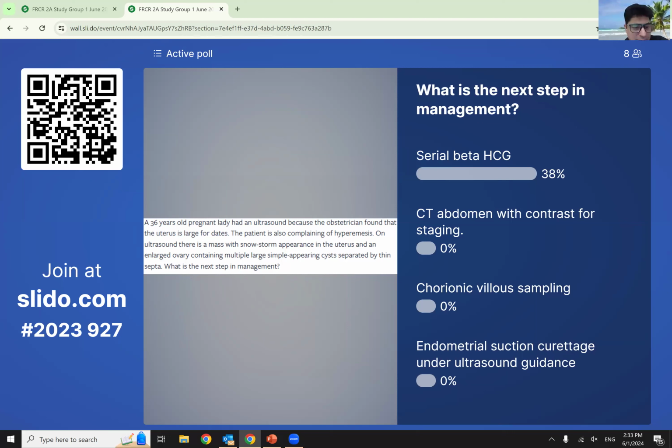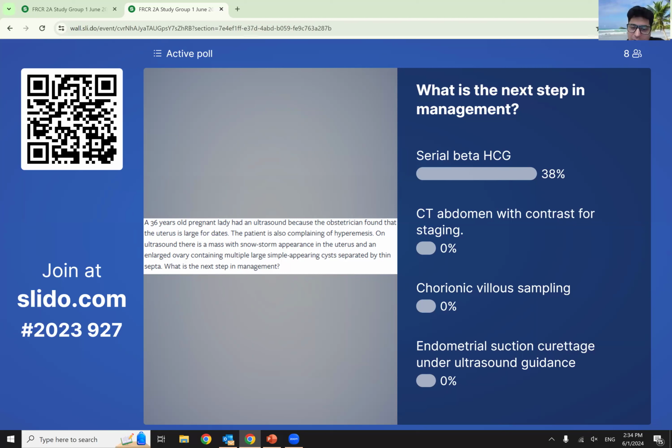I know this is tricky because we are radiologists. We do not think like clinicians. We think like radiologists. For us, it's always the next scan, but that's not always the correct option. So as I said, when you get a simple condition that you've heard and read about a lot, the question is not going to be straightforward. The question is going to be slightly tricky. So step back and think what the correct option is.